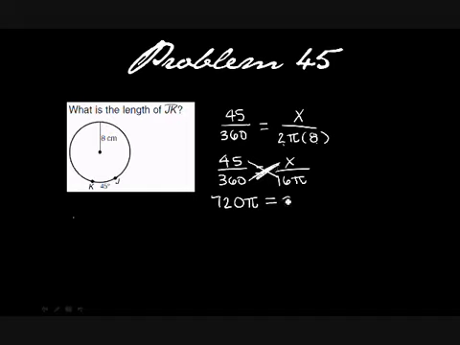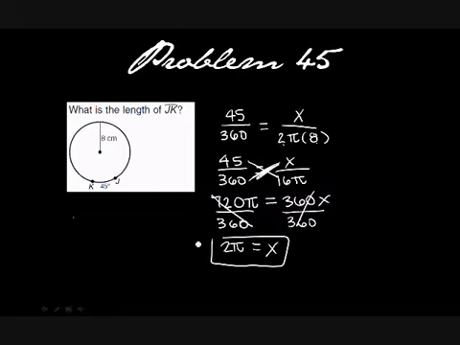And then on the other side, it's 360x. We're going to divide both sides by 360. And so we get a total of 2 pi. So I only did 720 divided by 360, and the pi just comes along for the ride. And so that's our answer, 2 pi.